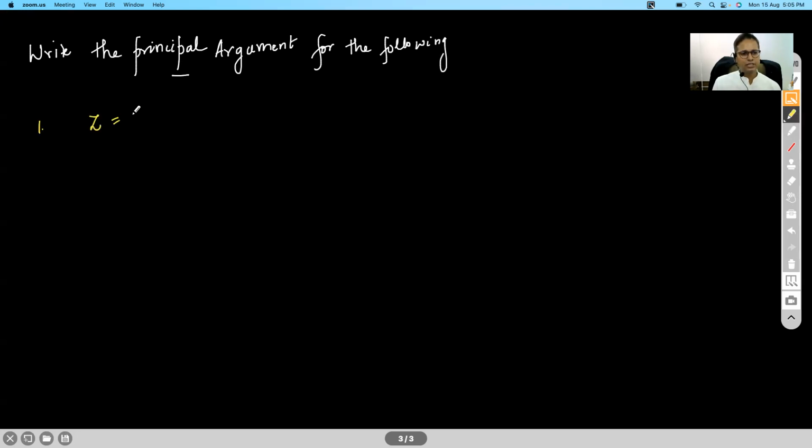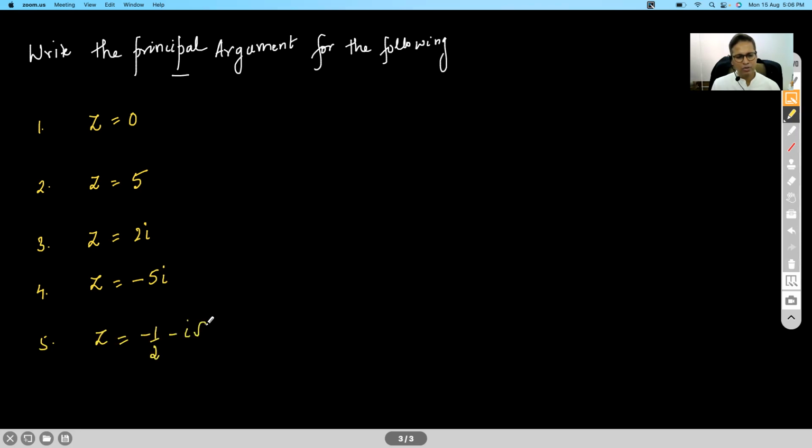Let's take 0 as a complex number. Let's take 5. I've already taken minus 3, so negative numbers will be able to answer very easily. Let's take 2i. Let's take minus 5i. Let's take something like minus half, or minus half minus i root 3/2.